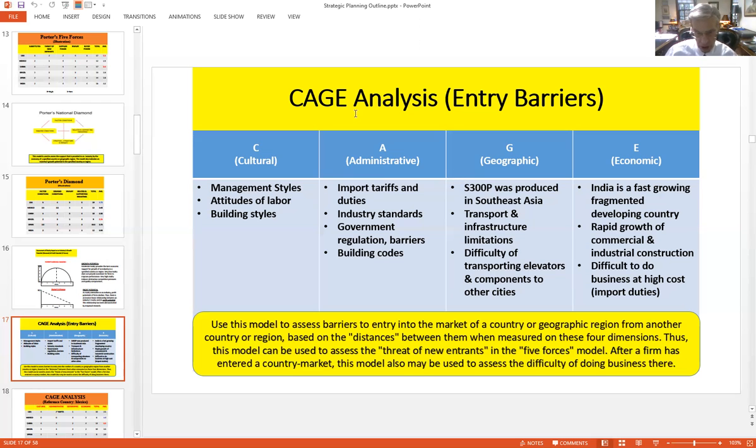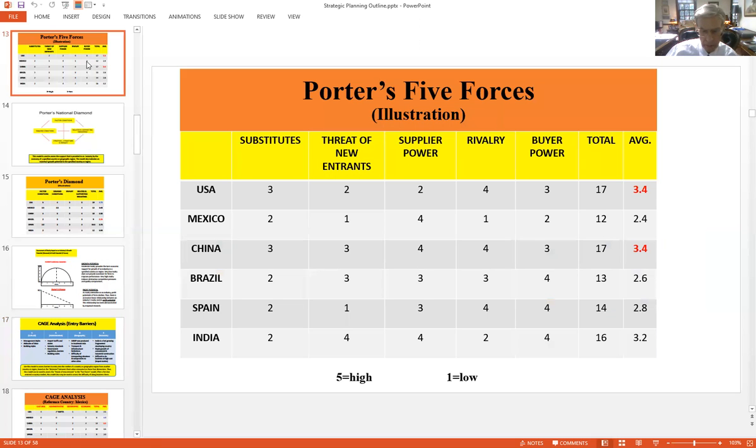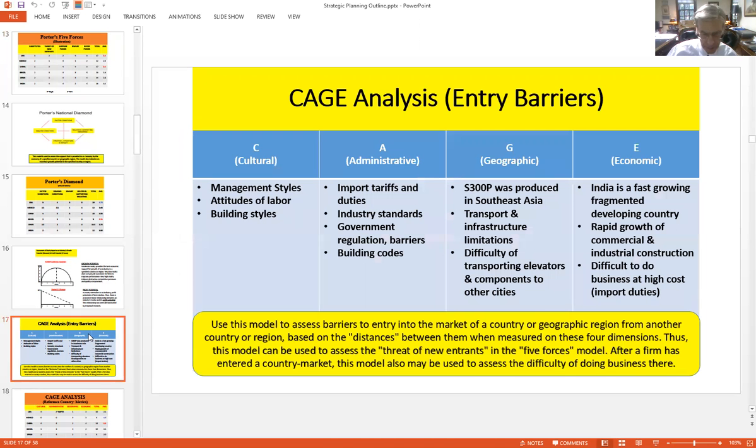So based on those factors, we can come up to Porter's 5 forces and evaluate the threat of new entrants. Okay, now, how do we get this culture thing?